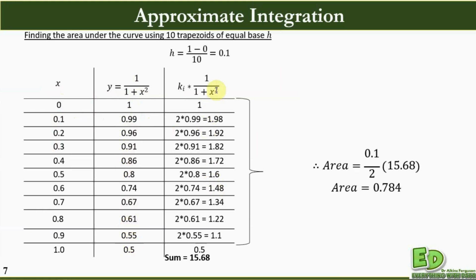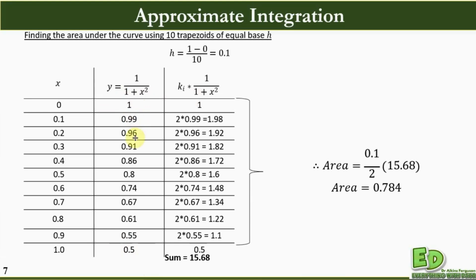On the final column, you multiply the values in the second column by the coefficients under the trapezium rule, 1, 2, 2, 2, 2, 1. The first value here, 1, is going to be multiplied by 1. The last value here, which is 1, is also going to be multiplied by 1.